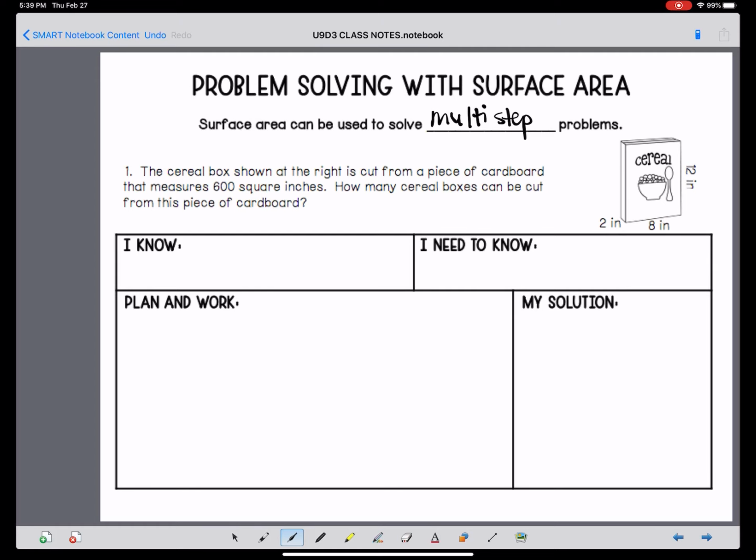The very first thing that we need to know is how many boxes can be cut from this piece of cardboard. And I'm going to write that out. And in order to find out how many boxes can be cut from this piece of cardboard, we're going to have to find the surface area.